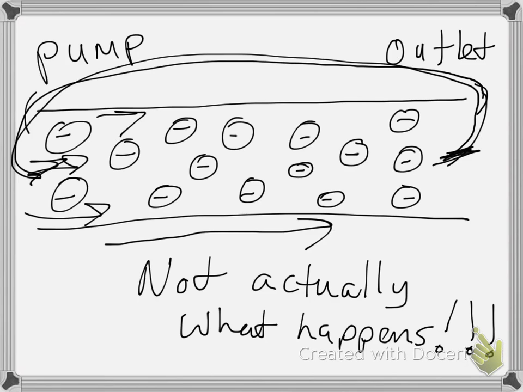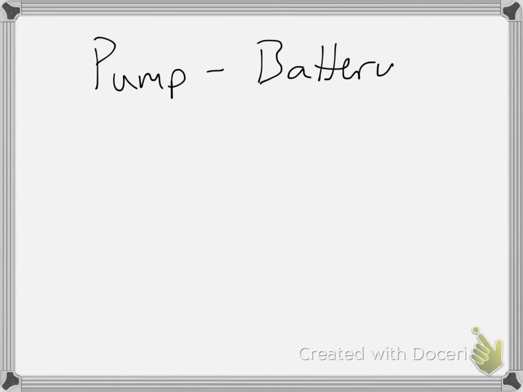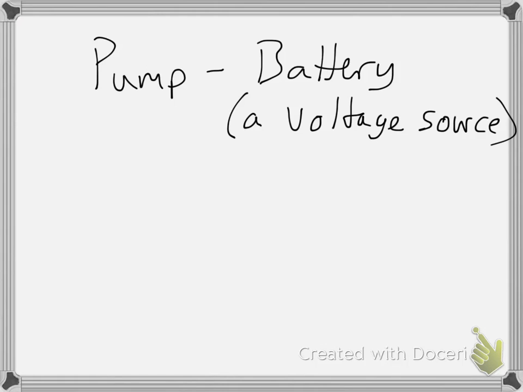Okay, so what do we use as the pump? Well, the pump would be something like a battery. The pump is a battery or a voltage source. And if you go and buy batteries from the grocery store or Walmart or Dollar General, they're going to be rated by voltage.